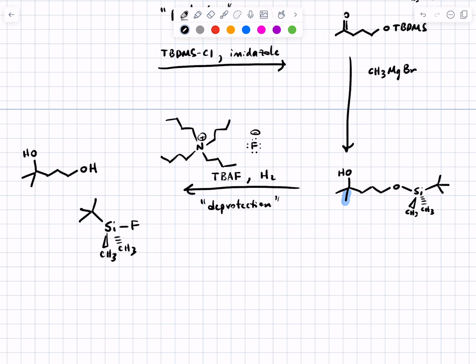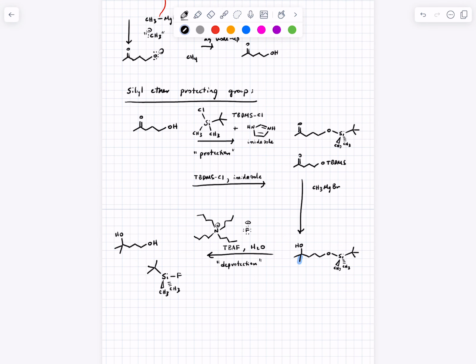And you need water as well. Releases the oxygen, and then the negatively charged oxygen picks up a proton from water, and that gives you the desired product. Okay? So this is the protecting group.